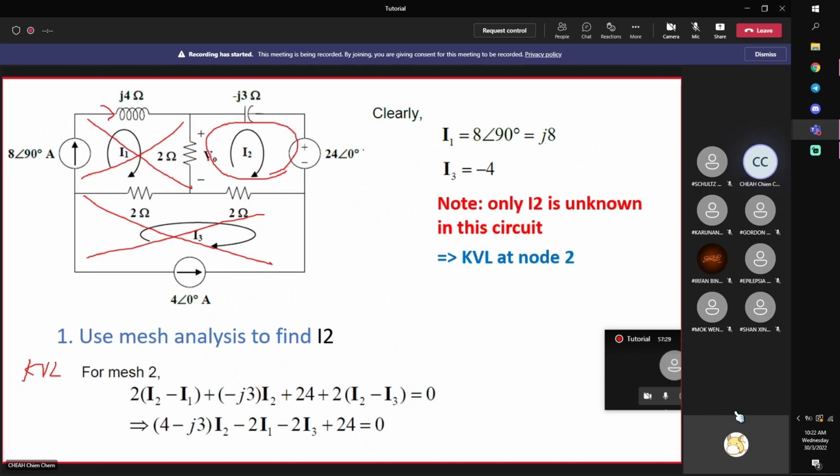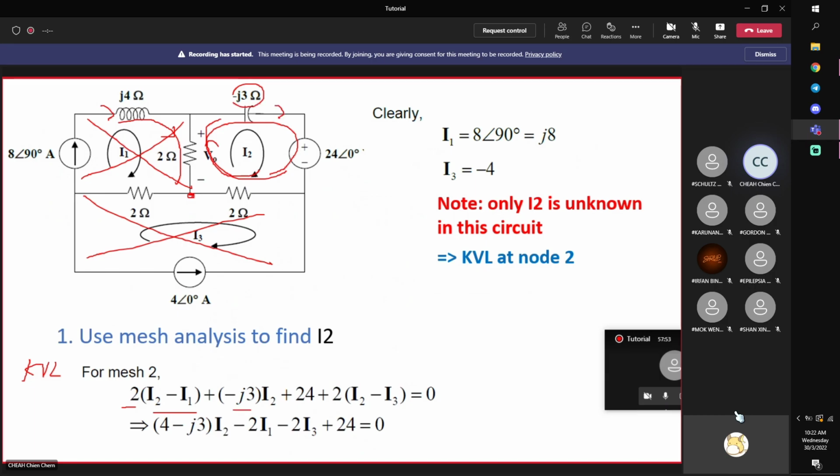When you write down these equations, for example starting from here, and over here Ohm's law, 2 times (I2 minus I1). I2 minus I1, that means that you go this way, so I1 is the other way around. Then you reach this one, negative j3.